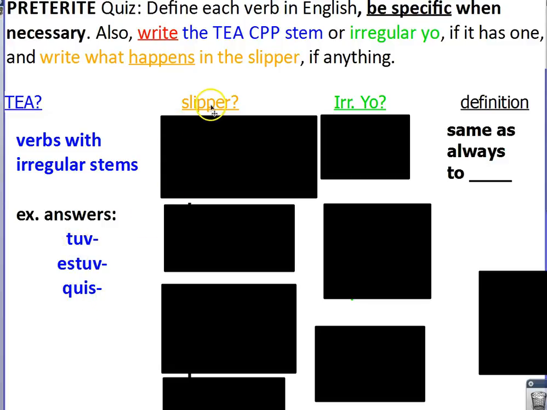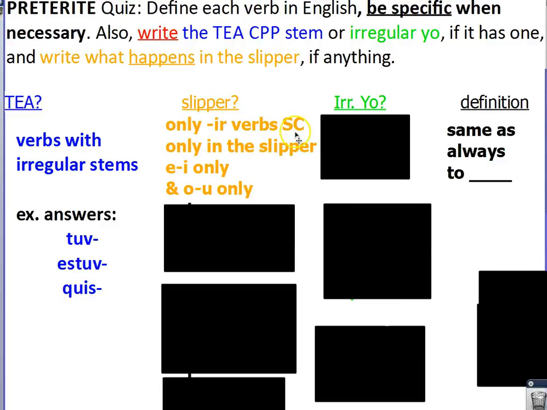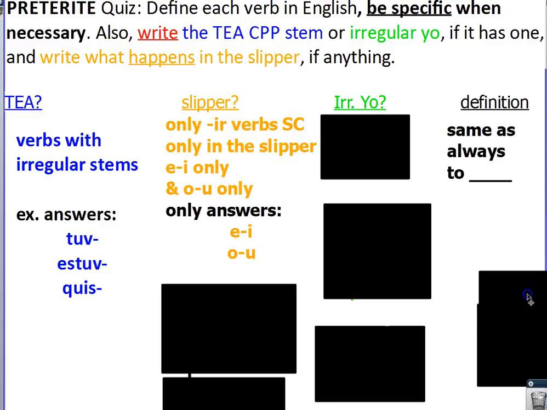The next category asks you for what happens in the slipper. So if you recall, IR verbs stem change in the slipper. E to I only or O to U only. So if it's an IR verb that is also a stem changer, your only answers could be E to I or O to U. I'm not sure when we talked about this, but we can talk about it some more if you have questions.